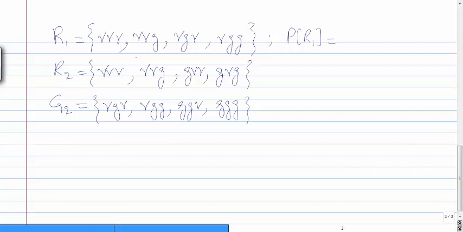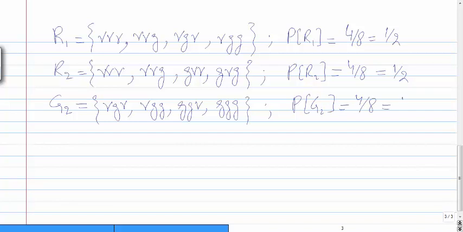Each outcome is 1 by 8, and there are 4 outcomes in R1, so it becomes 4 by 8, that is 1 by 2. Similarly, probability of R2, there are 4 outcomes and each outcome is equally likely, so it also becomes 1 by 2. Similarly, for the G2 case, I also have 4 by 8, 1 by 2.